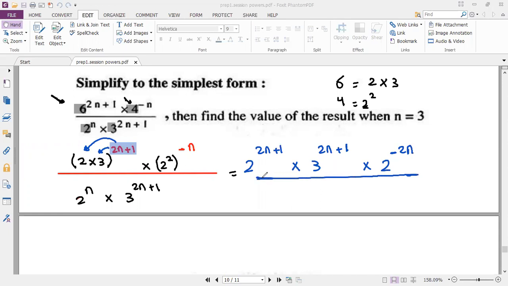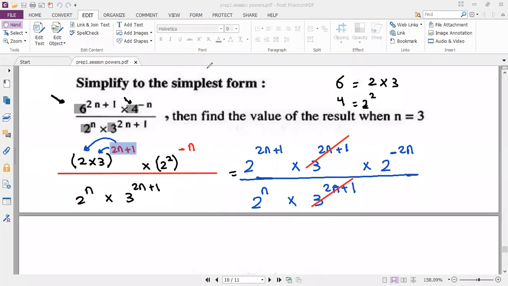Write the denominator as it is. I have here 2 to the power of n multiplied by 3 to the power of 2n plus 1. What do you observe? We observe that we have 3 to the power of 2n plus 1 at the top and 3 to the power of 2n plus 1 at the bottom, so one cancels the other out.